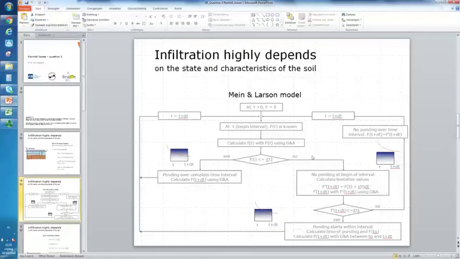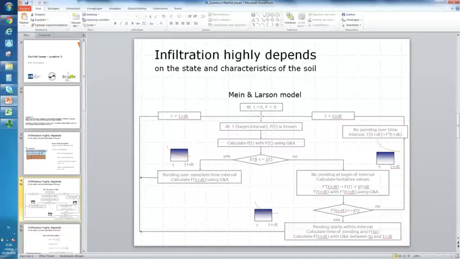So we always start in our scheme here at the top, and we go down, first asking questions about the initial part of the interval, afterwards also projecting it to the end of the interval. And the first question is actually if the infiltration capacity is smaller or equal to the rainfall intensity, yes or no.